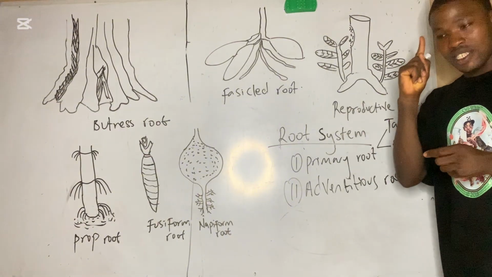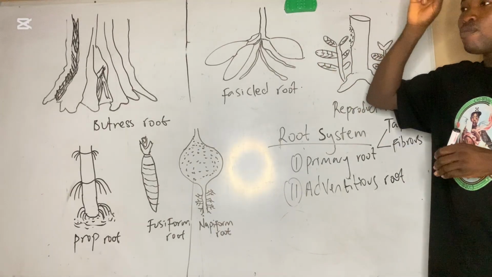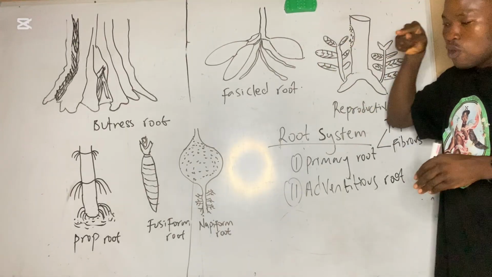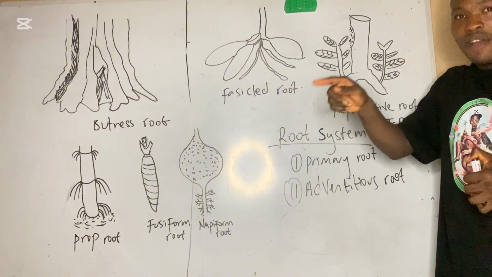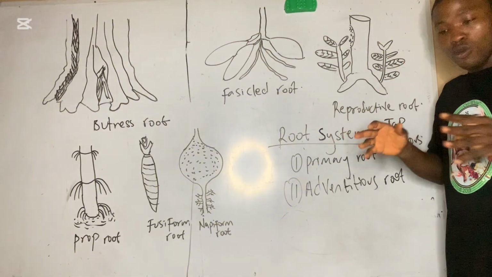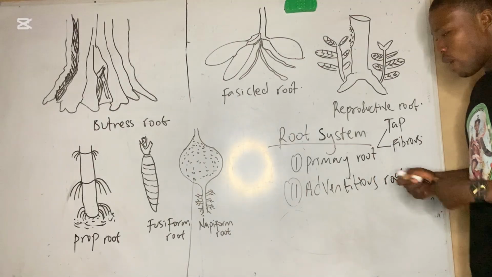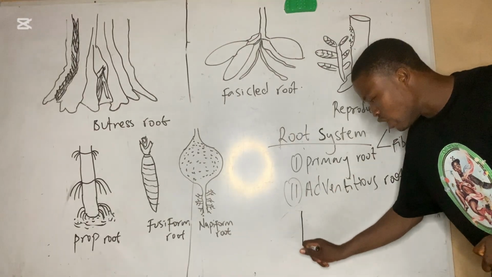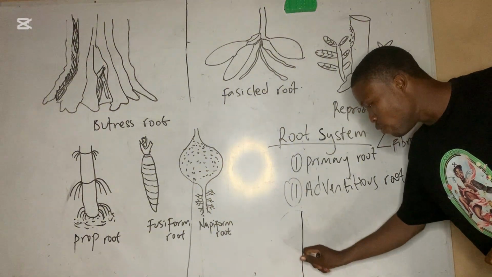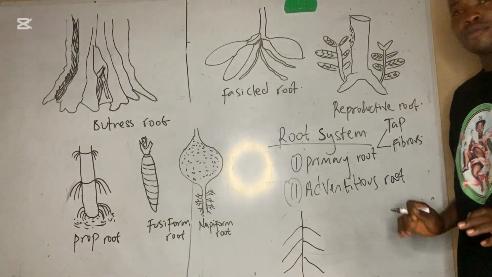A root that grows into the soil as a single root, with other root hairs and some branches, is said to be a taproot. So a taproot has one primary root growing into the soil, with few branches.